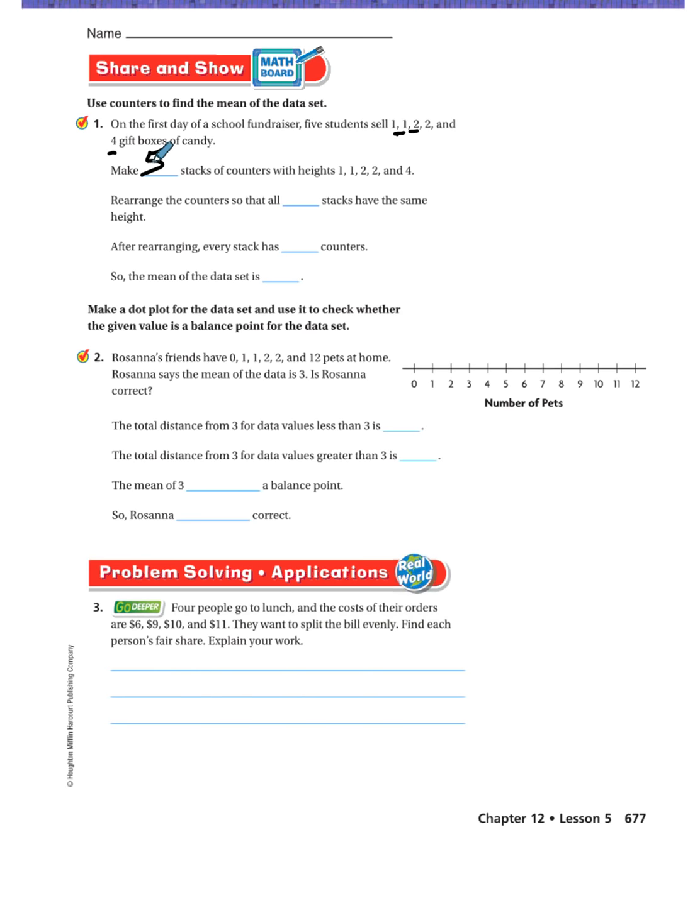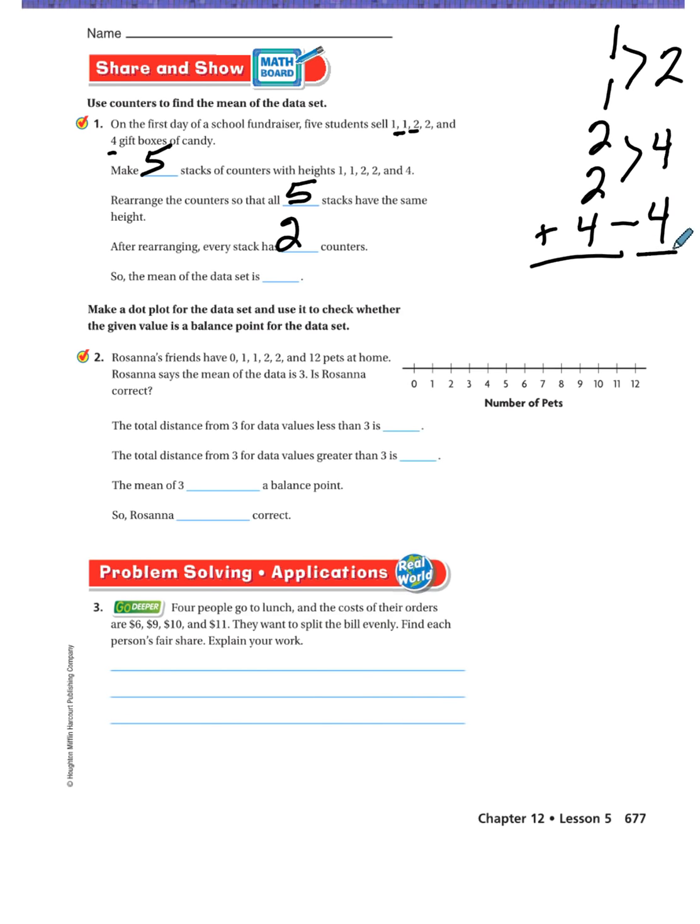So 5 stacks. Rearrange the counters so that all of the 5 stacks have the same height. After rearranging, every stack has 2 counters. So this is how we're going to figure this out if we do not have counters. 1 plus 1 plus 2 plus 2 plus 4. So those go together to make 2, 4, and 4.